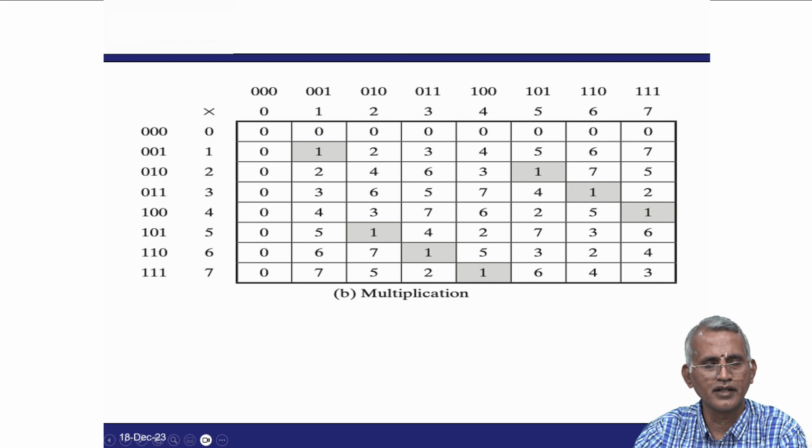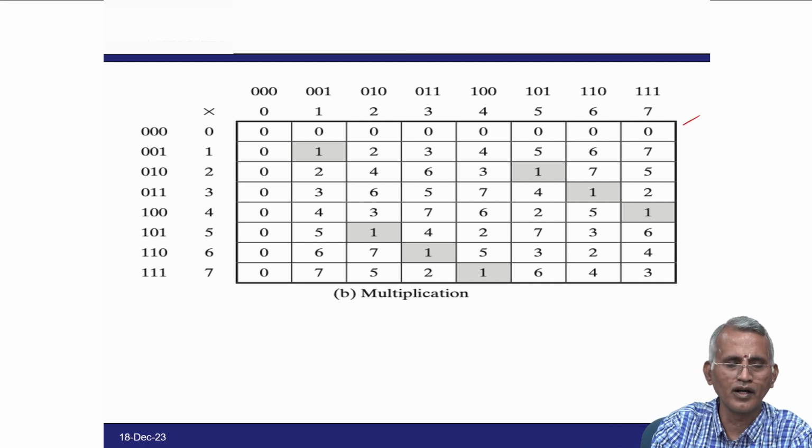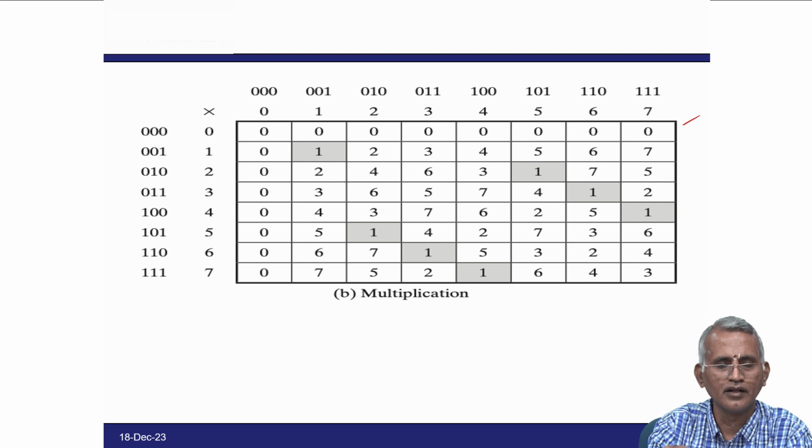Next, for multiplication, everything multiplies 0, here 1, and then 1 into 1 is 1, 2, 3, 4, 5, 6. Similarly, 2 into 2 is 4, 3 into 2 is 6, and 4 into 2 is 8.